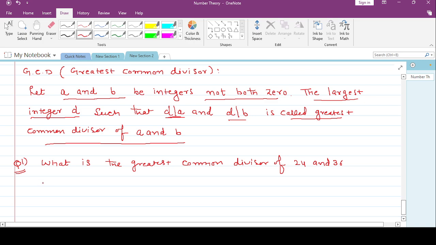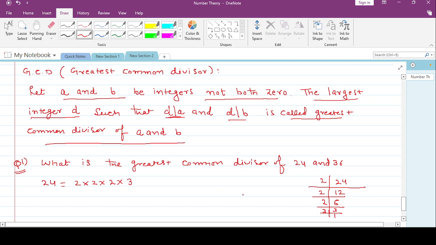See, if you want to find the greatest common divisor of these two numbers, you divide 24 by 2. What do you get here? It is 12. Again divided by 2, what do you get here? 6. Again divided by 2, what do you get here? 3. Then divided by 3, so what do you get here? 1. So this 24 can be written as 2 into 2 into 2 into 3.